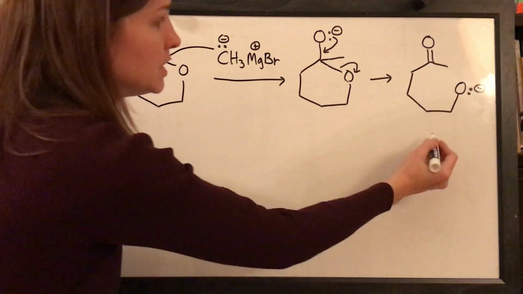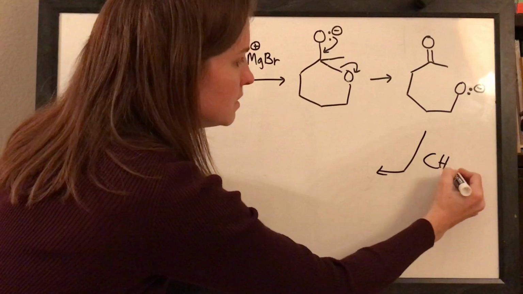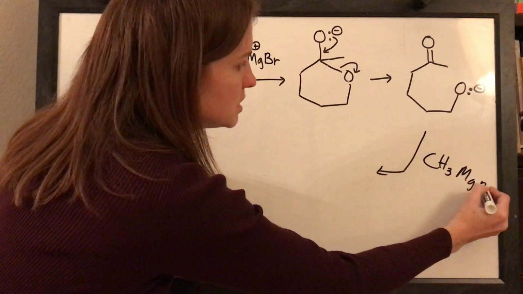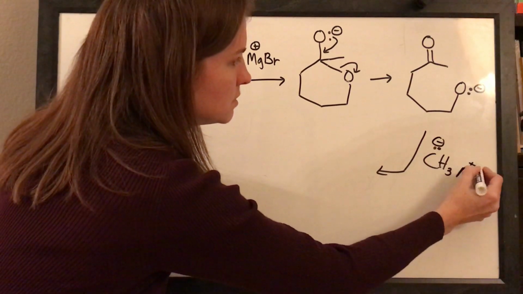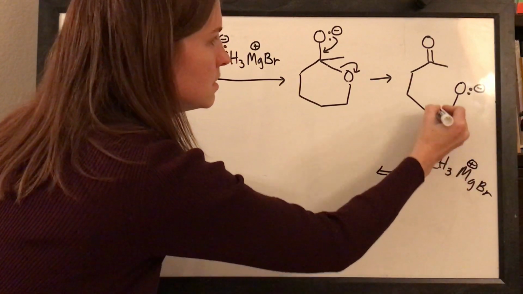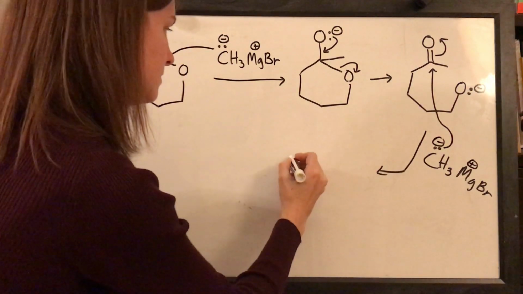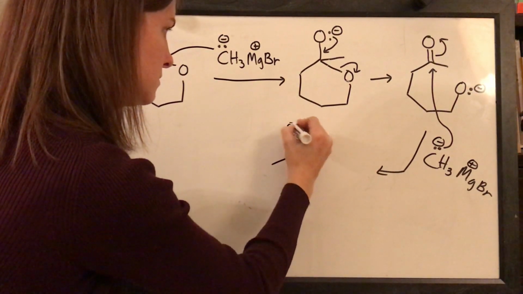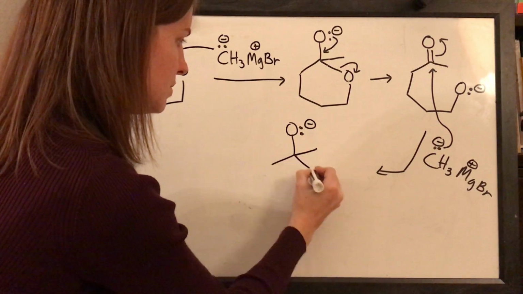But now I have a ketone here sitting in the presence of some really strong nucleophile. So my Grignard reagent is again going to attack the alpha carbon, and it's going to kick electrons up to the oxygen again. So now I've added not just one, but two methyls.